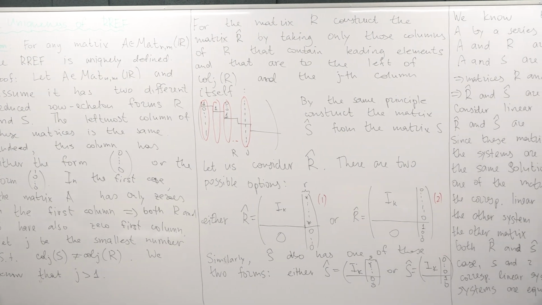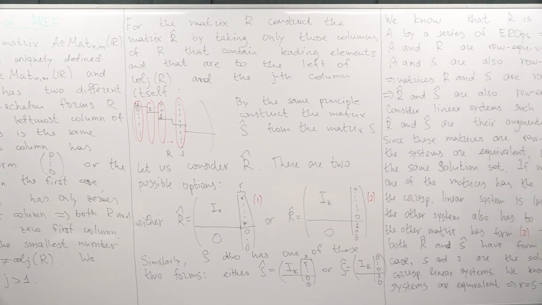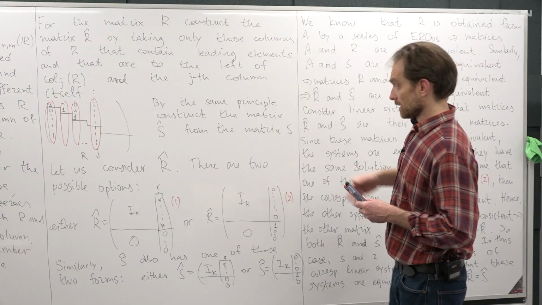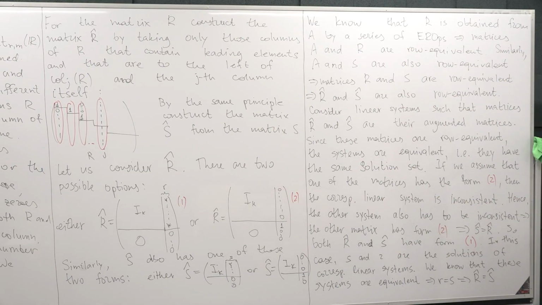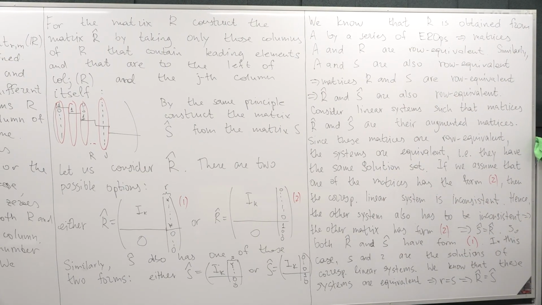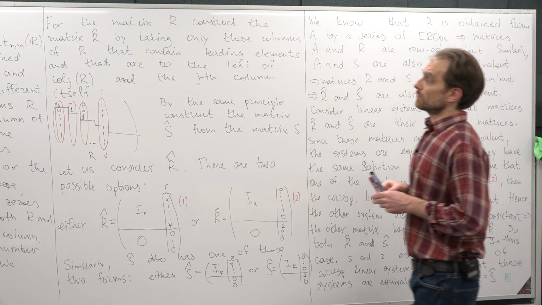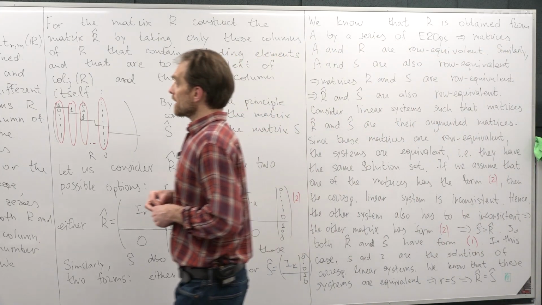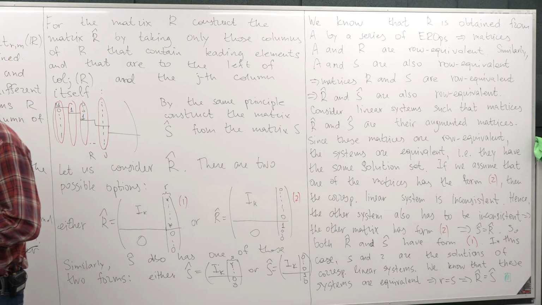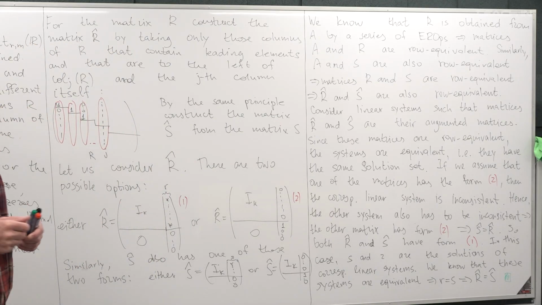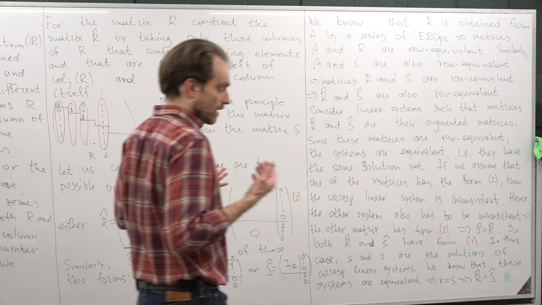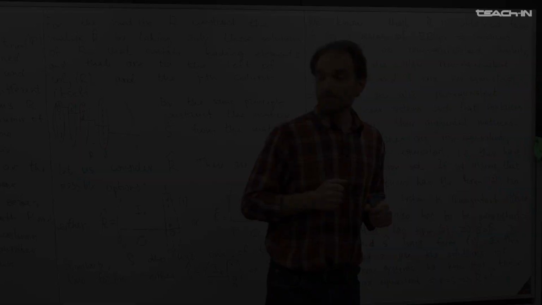So, starting from these matrices, we consider two new matrices, R with a hat and S with a hat, and we come to a conclusion that they are equal. So this is a contradiction, and so the theorem is proved, and now we know that the reduced row echelon form is uniquely defined for any matrix with real entries.